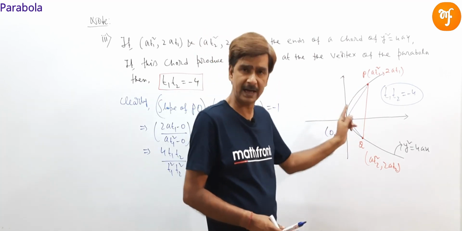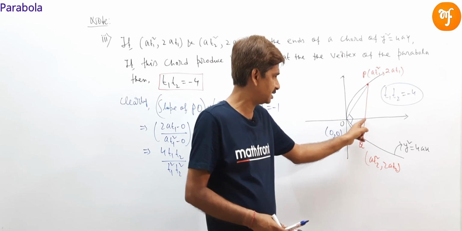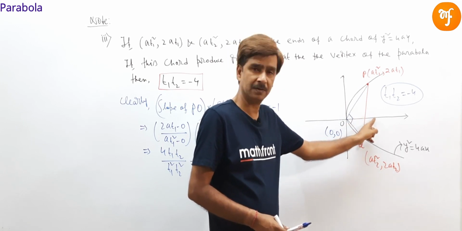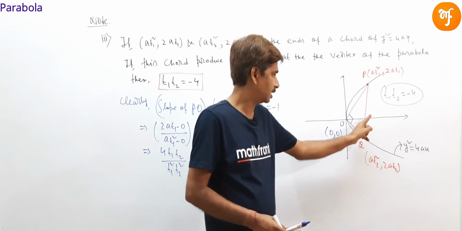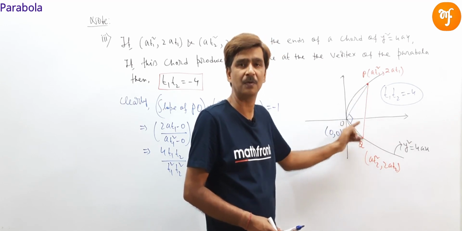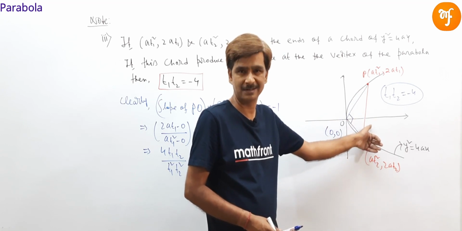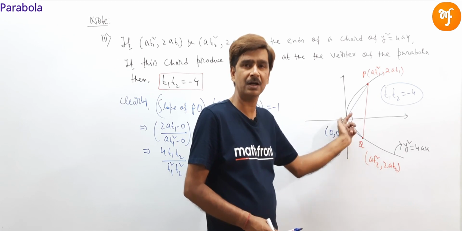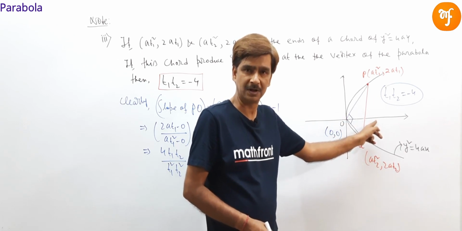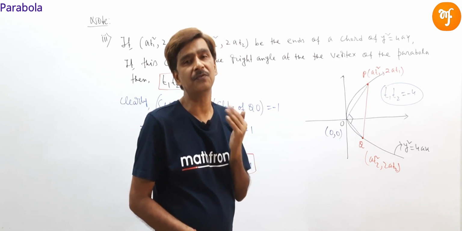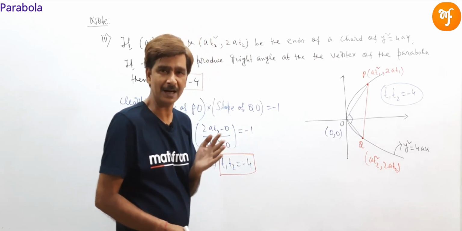The point S, that is the focus, must be either on the left hand side or the right hand side of the intersecting point, that is the intersecting point of the chord and the x-axis. It should not be S. Is it? That is why PQ should not be the focal chord. Is it clear?